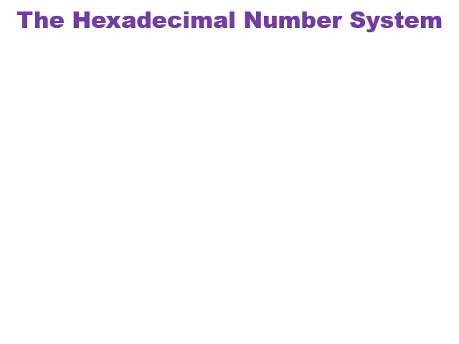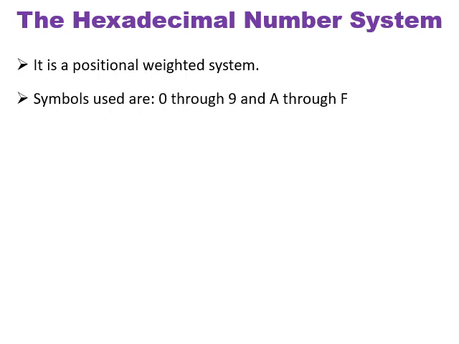Next number system is the hexadecimal number system. It is also a positional weighted system. Symbols used are 0 through 9 and A through F. So 0 to 9 are 10 symbols and A to F are remaining 6 symbols.